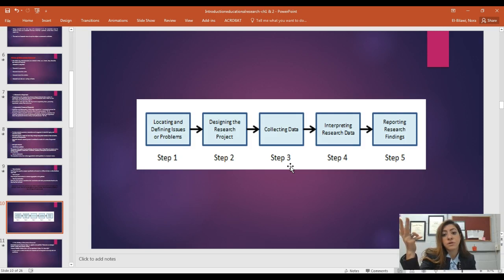There are key steps or elements, I will call them key elements throughout the semester, in any research design that have to be included in your research. And these steps are embedded in the elements.